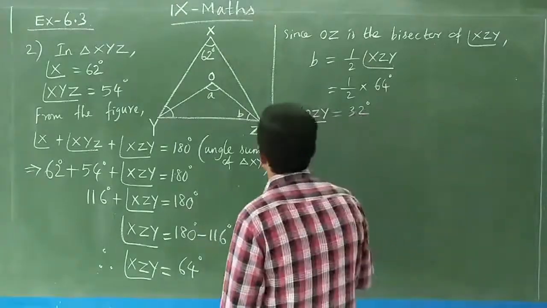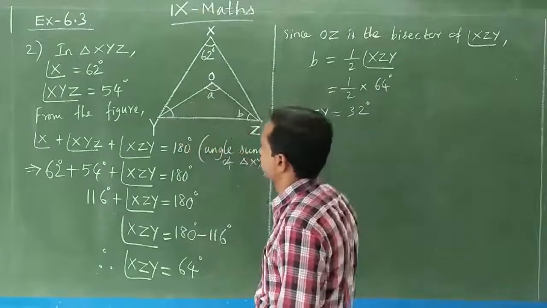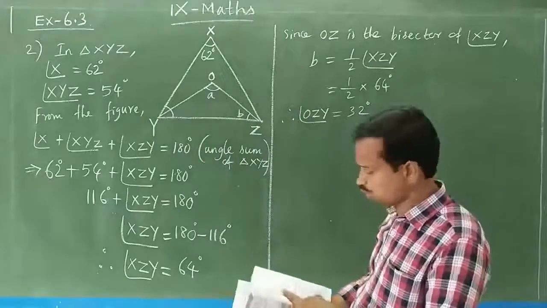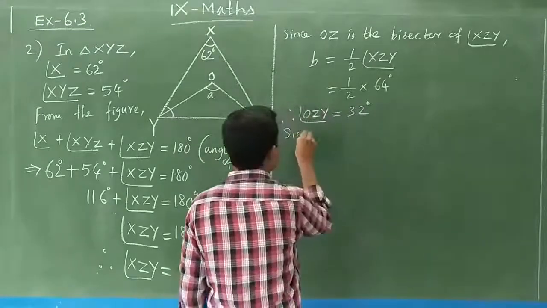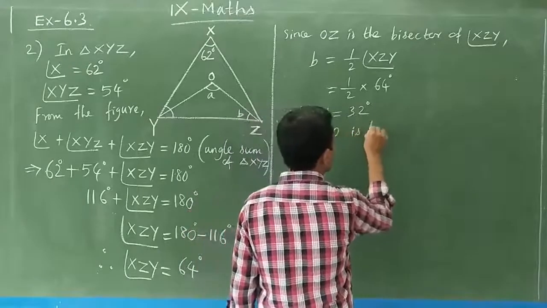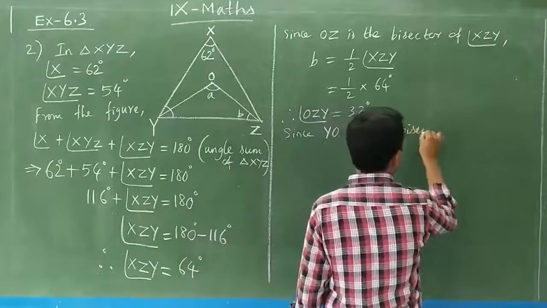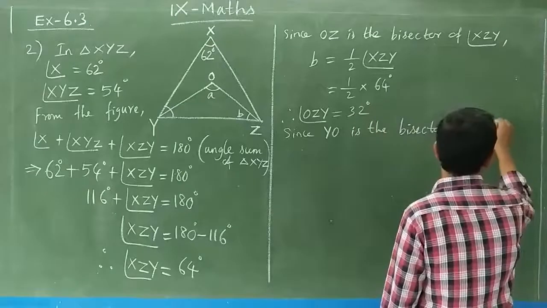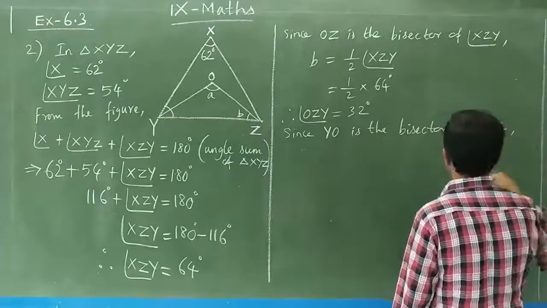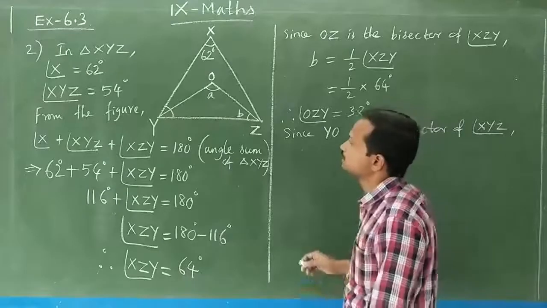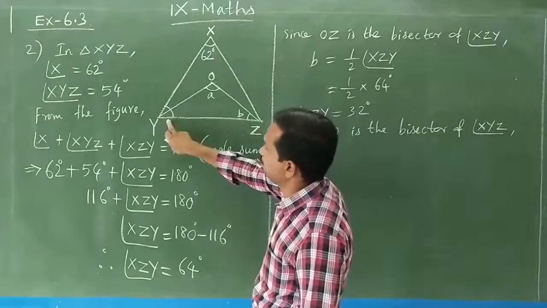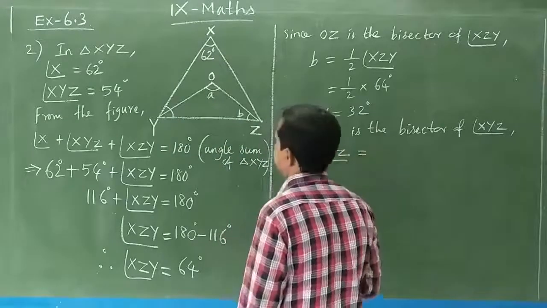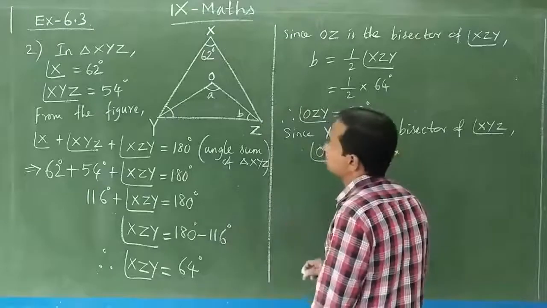And using the same, here this OY is given, YO or OY. Both are the same. So YO is the bisector. Since YO is the bisector of what angle? XYZ. Then we can take this OYZ, that is nothing but half of what?